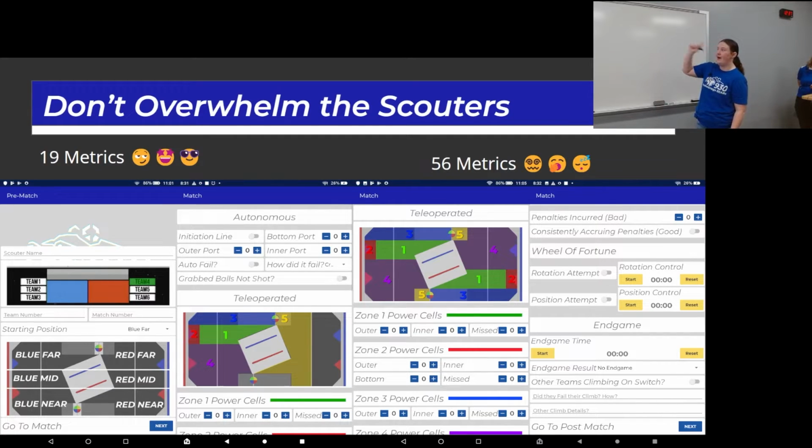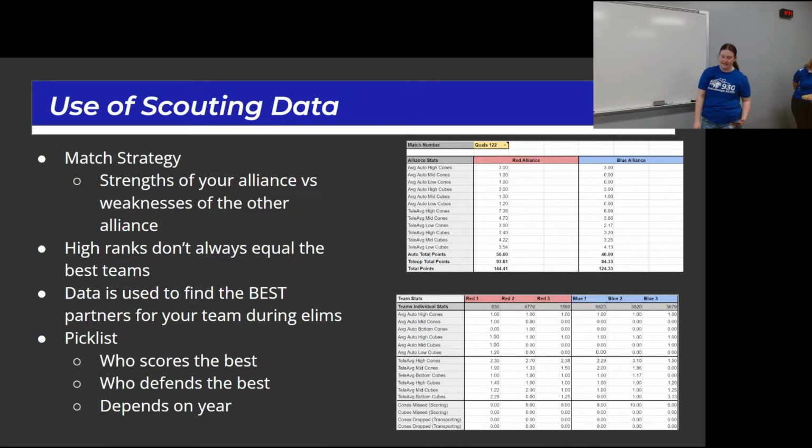Compared to the right side, where there's 56 metrics on the board, look how congested that looks, and you're not going to want to be a scouter that's trying to click tiny buttons on the screen. It's so much better to have fewer metrics that are more condensed, and you're just going to get better data if you're not overwhelming your scouters by having fewer data points. So the less, the better.